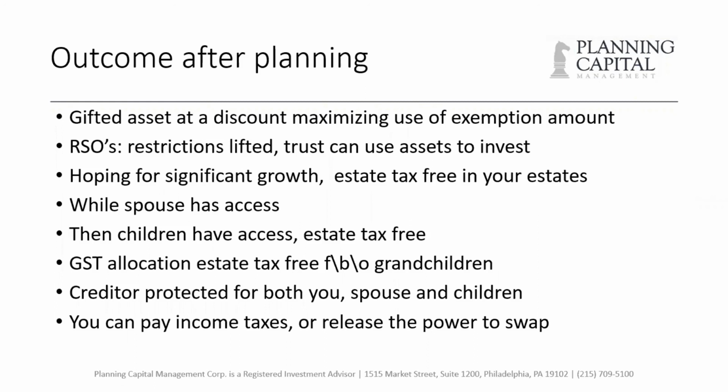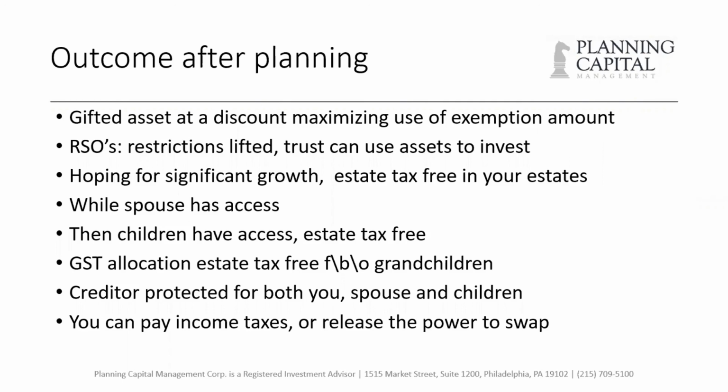So what's the outcome after planning? Well, you've gifted the assets at a discount, utilizing your exemption before Congress reduces it. And once these restrictions have lifted, and you're, to Jay and Dan's point, to the extent there's a diversification technique, you diversify within the trust.